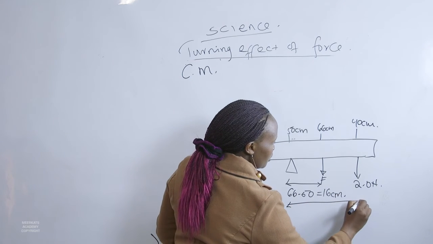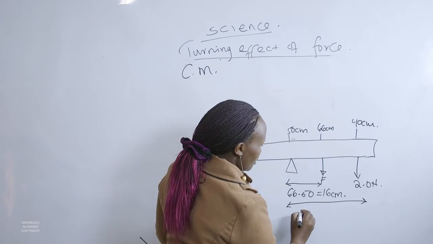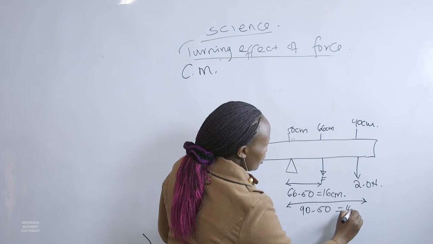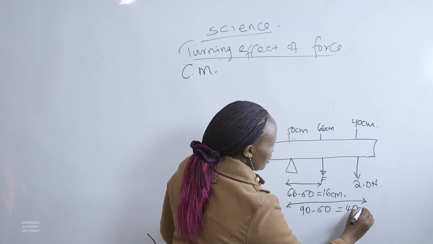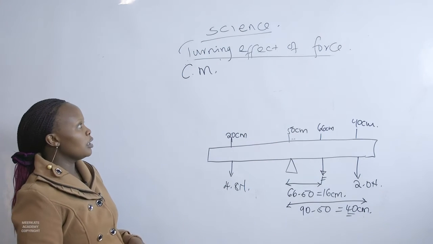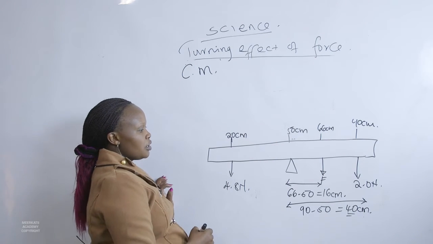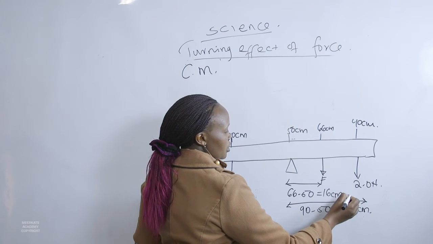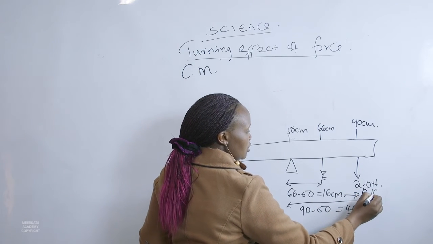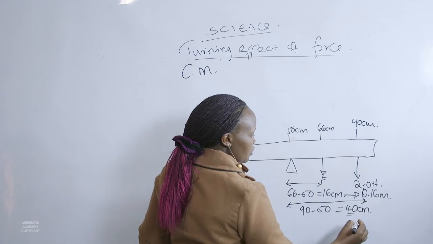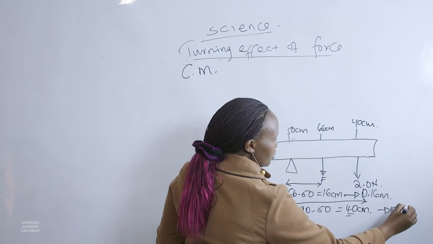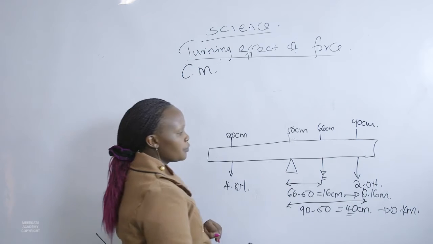For the force whose magnitude is 2.0, we have 90. This distance here should be 90 minus 50. So that gives us a distance of 40 centimeters. Now, if we change the same to meters, 16 will be 0.16 meters, 40 will be 0.4 meters.